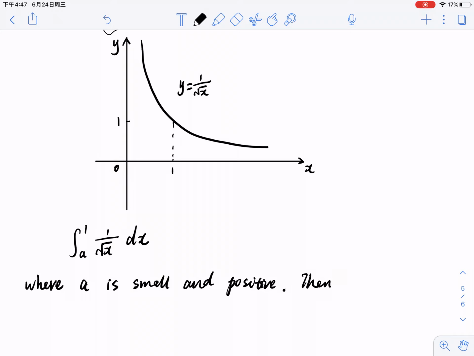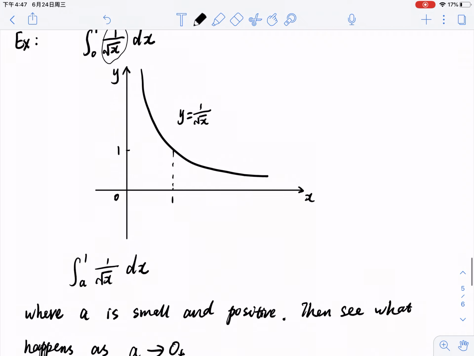Then see what happens as a goes to 0 from the right. From the picture, we see that this integral should be the area of this shaded region.